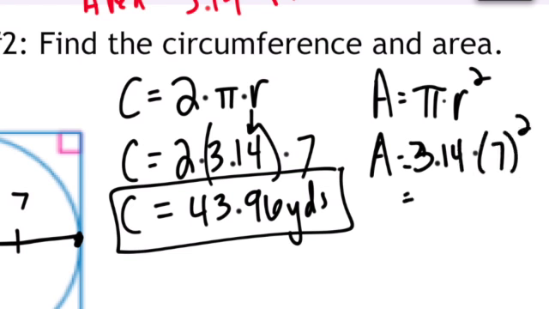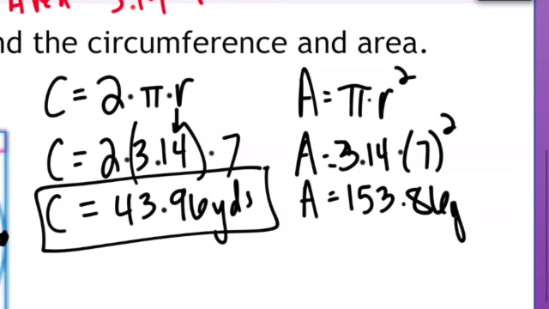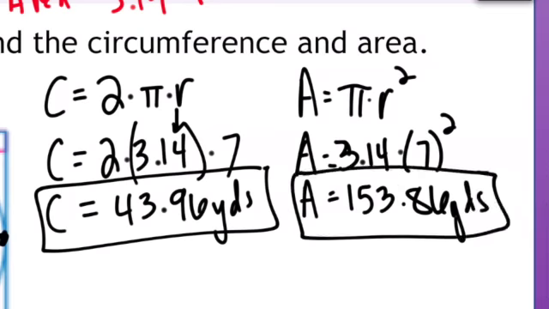So let's go ahead and square 7. Let me just plug it all into the calculator. So 7 squared is 49 times 3.14, and we get area is equal to 153.86 yards. And there we go.